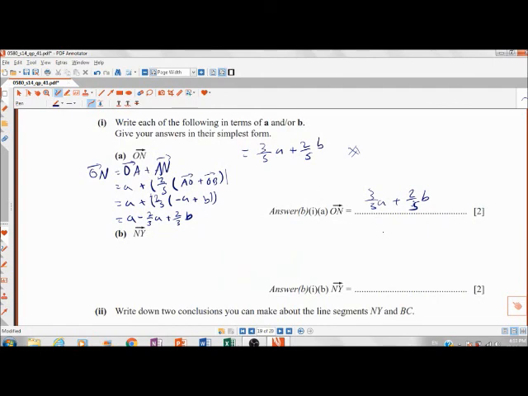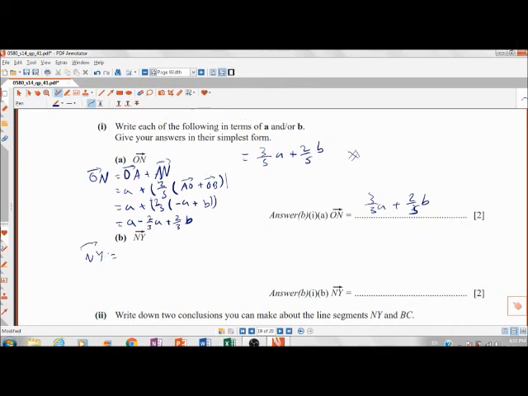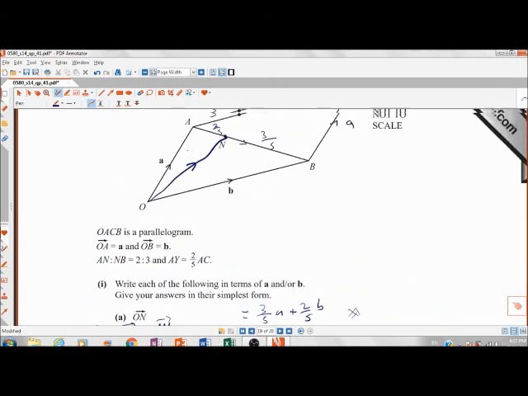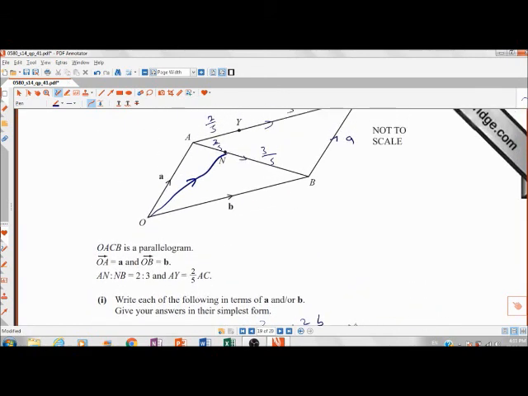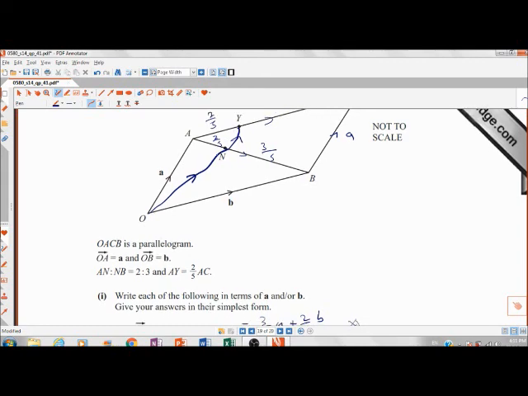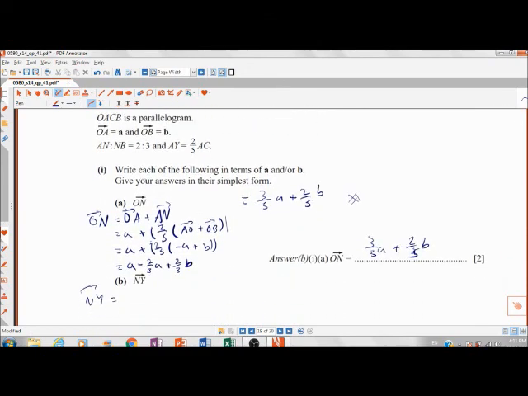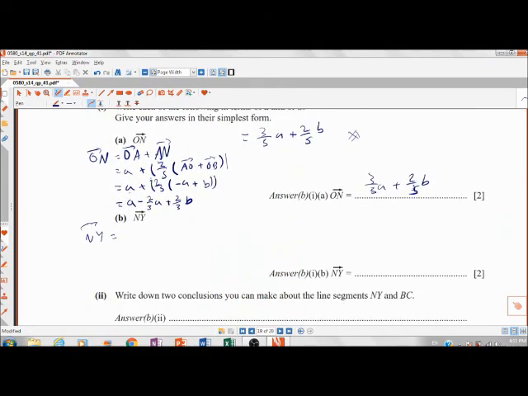So we want to find NY. And this one right here. So how to find NY? NA plus AY. NA goes in the opposite direction, so it's going to be negative.